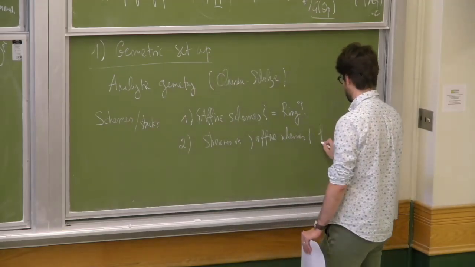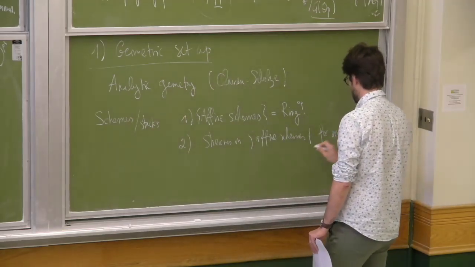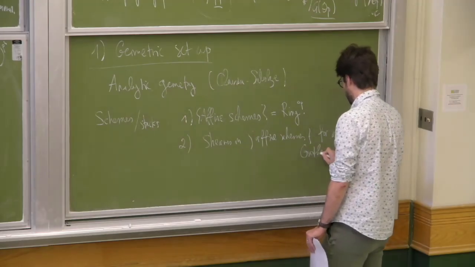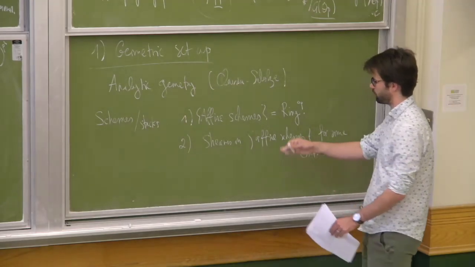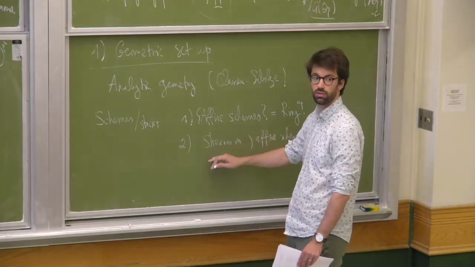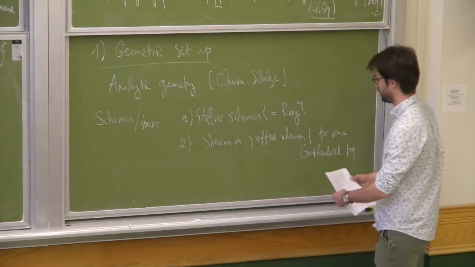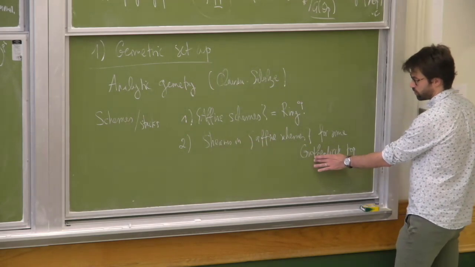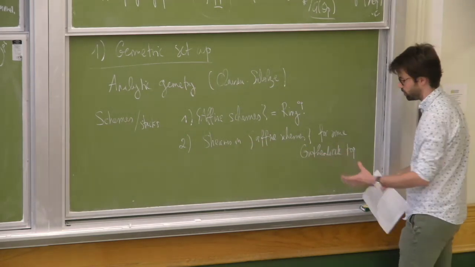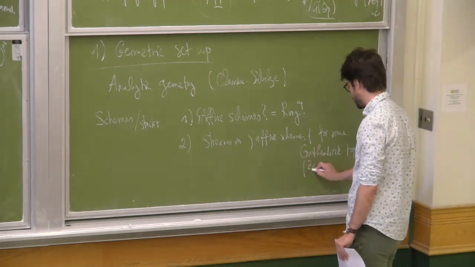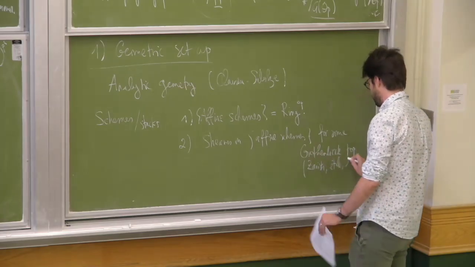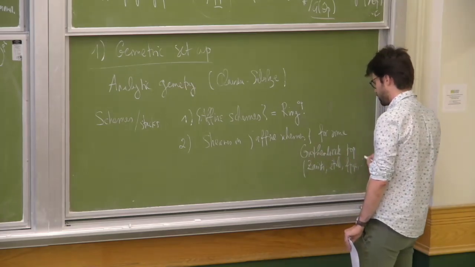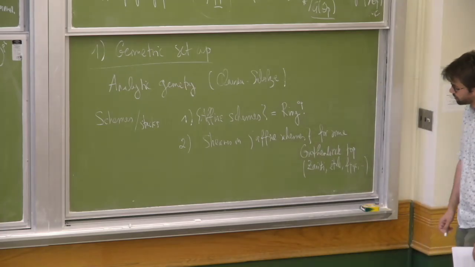Here you have some flexibility. First of all, whether you want to look at sheaves of sets, groupoids, or infinity groupoids. And you also have some freedom in which topology you choose: Zariski, étale, and so on. There are many options.